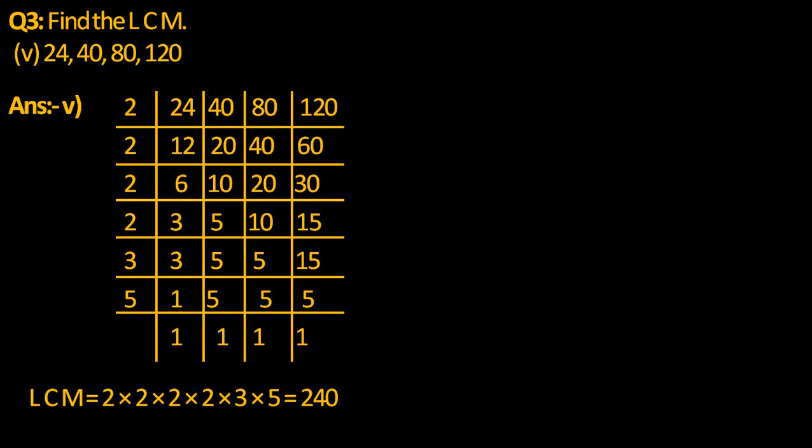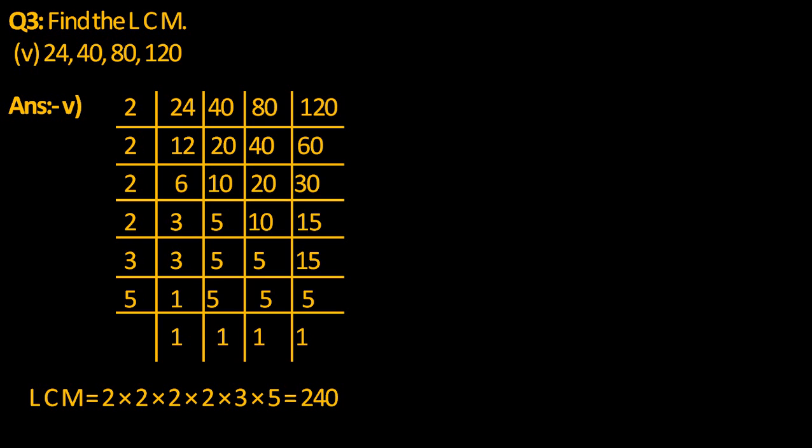Now we are going to find the LCM for 4 set of numbers. We begin with 2. The numbers are 24, 40, 80, 120. All the 4 numbers are divisible by 2, so we begin with 2. 2 12s are 24, 2 20s are 40, 2 40s are 80, 2 60s are 120. Again, the next line we have 12, 20, 40, 60.